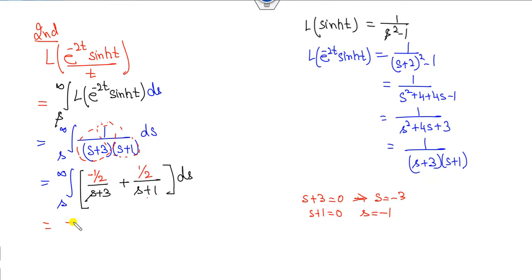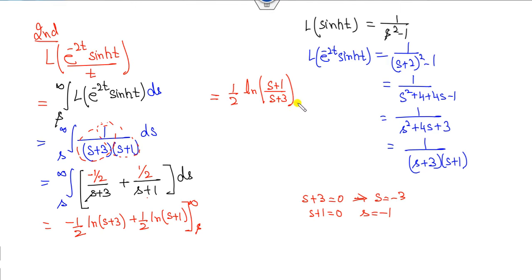So what is the integration of this? Minus half ln of s plus 3 plus half ln of s plus 1 from s to infinity. So I can write half outside. It is ln of (s plus 1)/(s plus 3) from s to infinity.